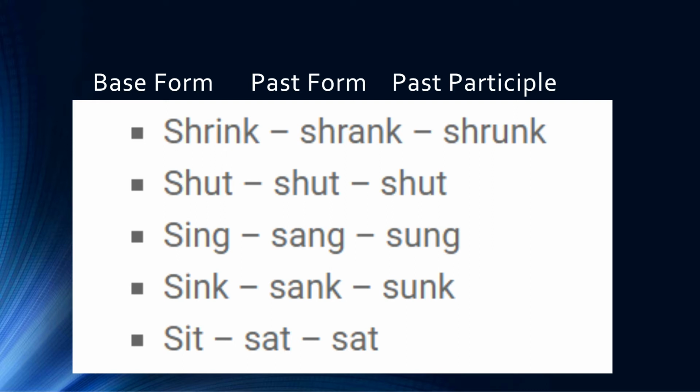And now the second form of this verb is sat, S-A-T. And the same is the case with the past participle form of this verb. That's also sat. Let's have some examples of these various verb forms. I sit on this chair. She sat on that chair. When I entered the room, he had already sat on the chair.